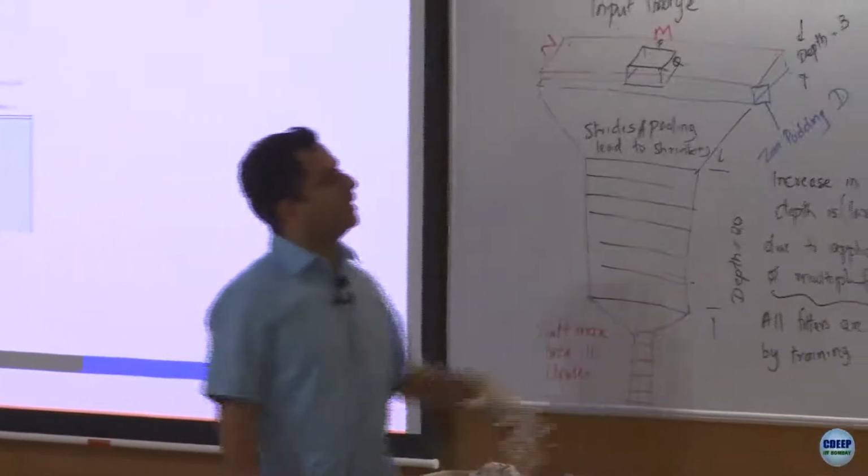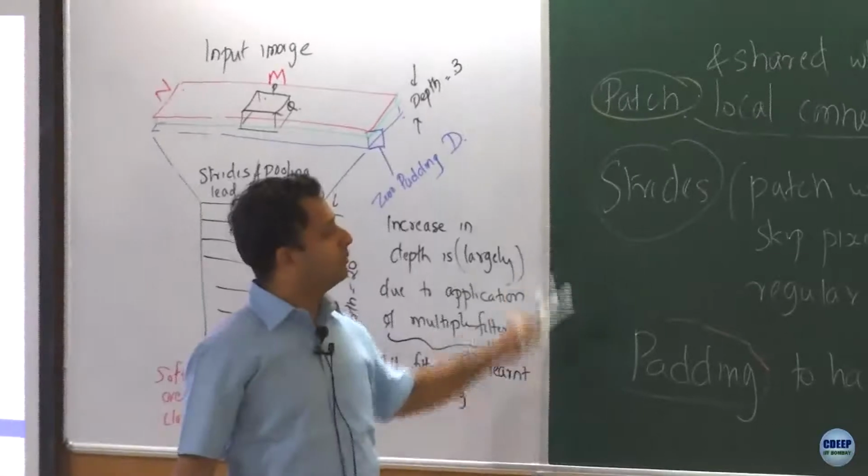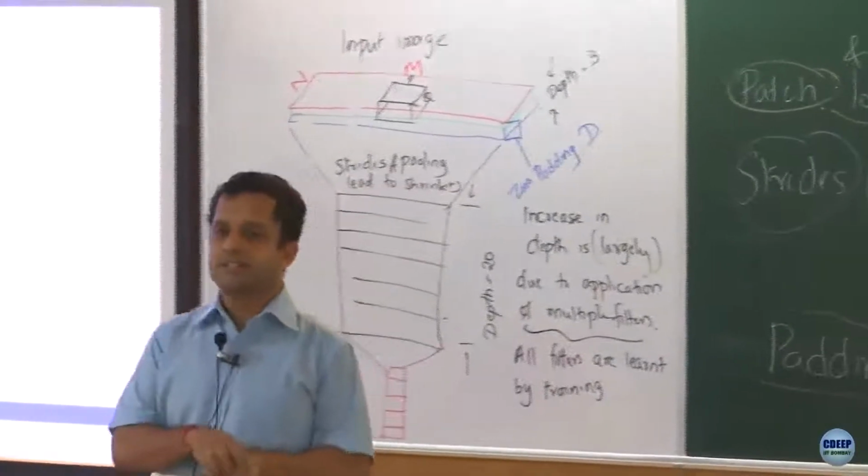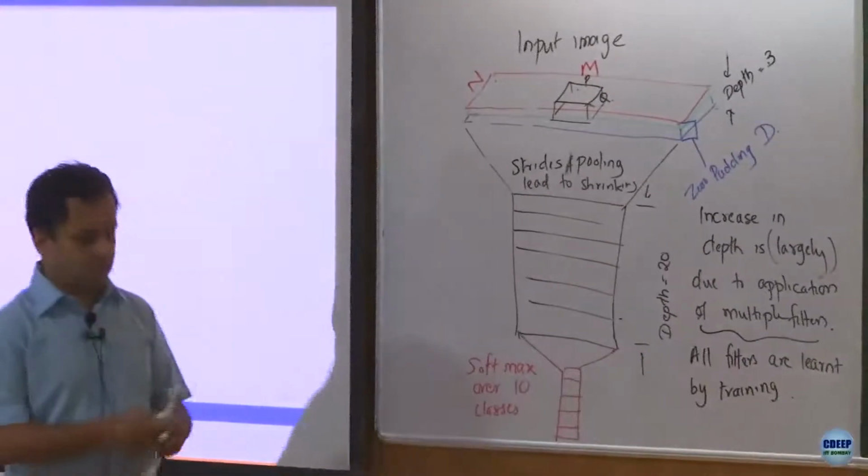We still have missed out one thing. We talked of patch size, we talked of padding. What about stride? The downsampling effect.